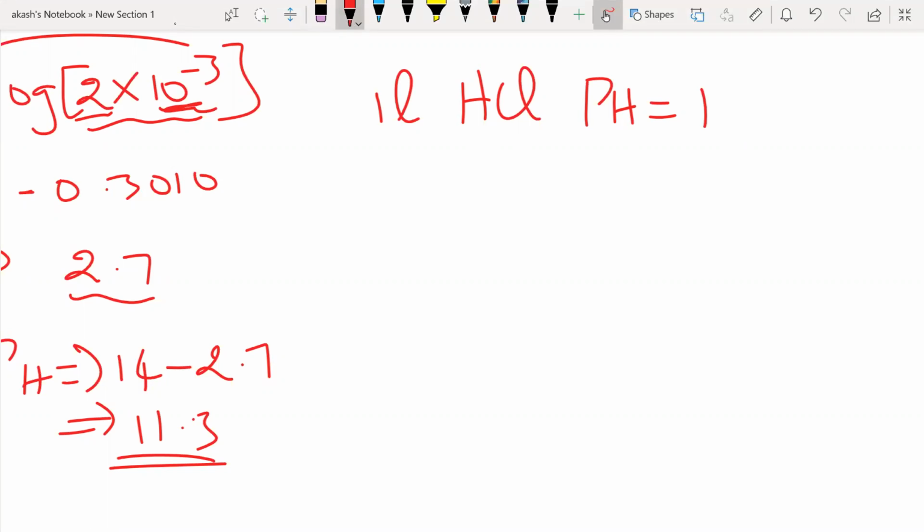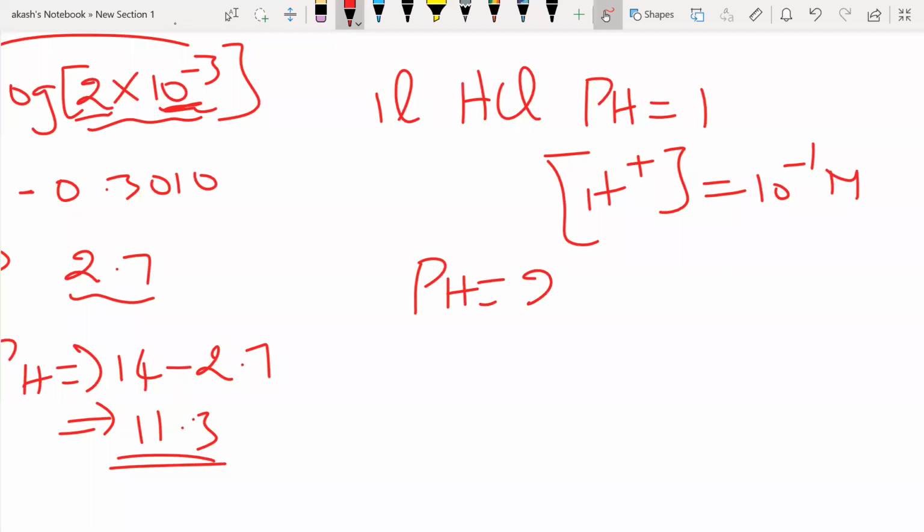So I can easily see the H plus concentration to be 10 to the power minus 1 M. Or I can say this is the concentration of the acid also. Doesn't matter.